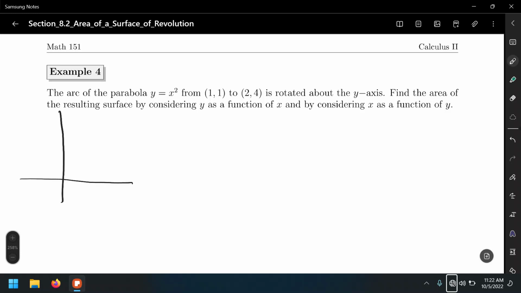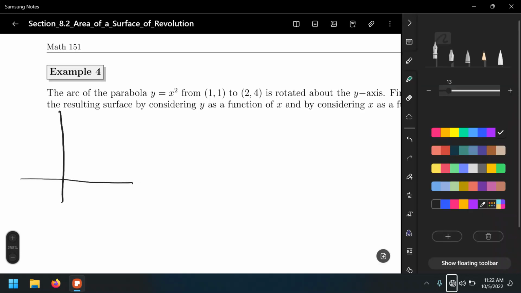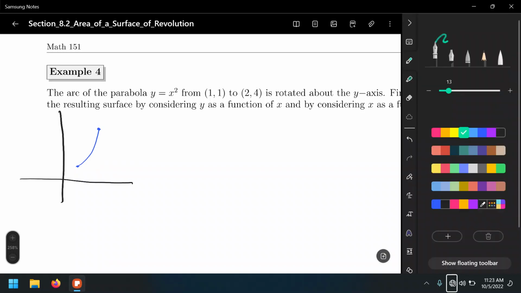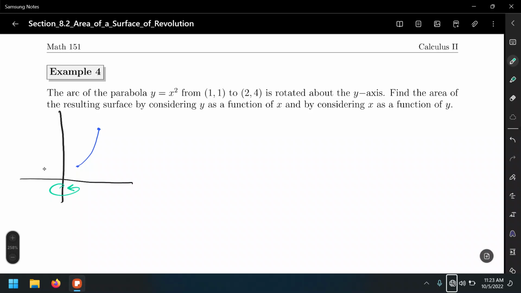We just want the part of the parabola that goes from the point (1, 1) to (2, 4). We want to rotate this graph about the y-axis. That's going to give us as a result this solid right here.